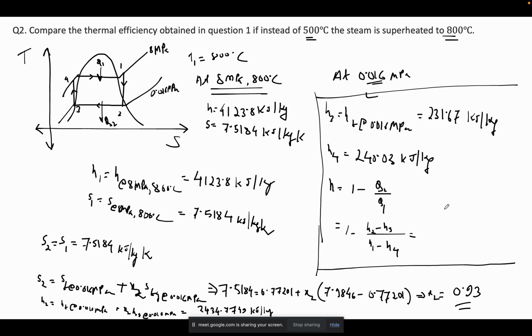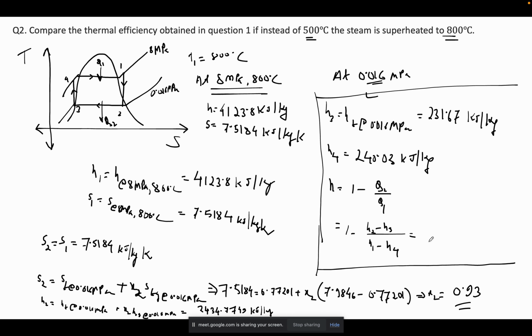So this will be 1 minus H2 minus H3, that is 2434.7749 minus 231.67, divided by H1 minus H4, that is 4123.8 minus 240.03.